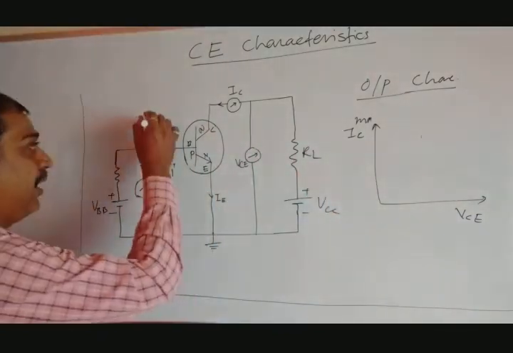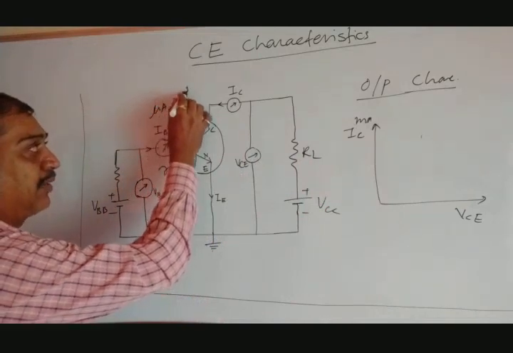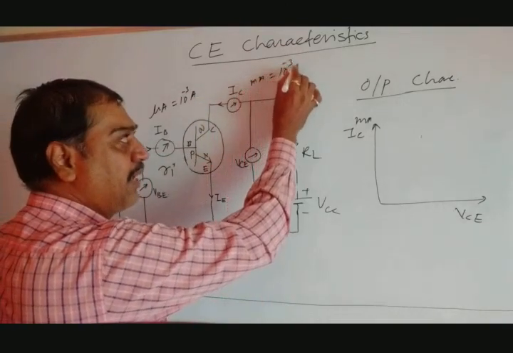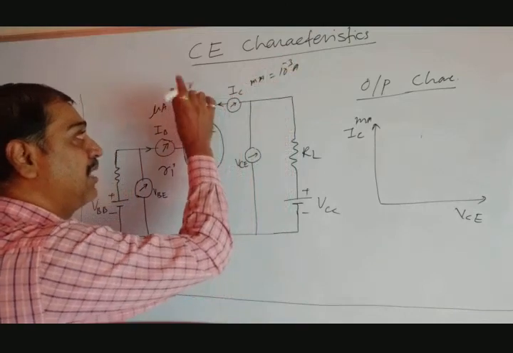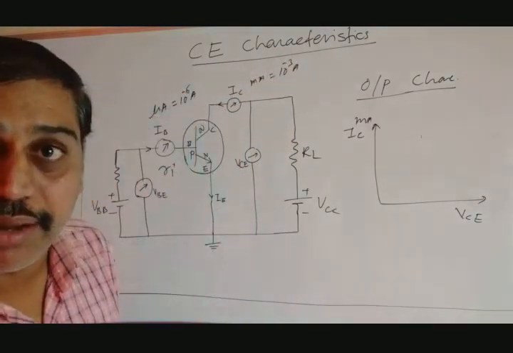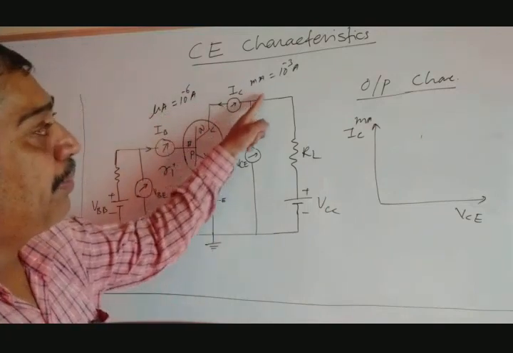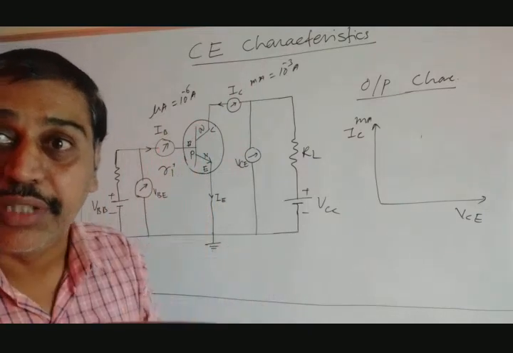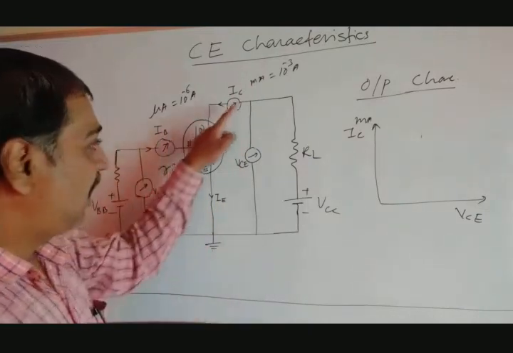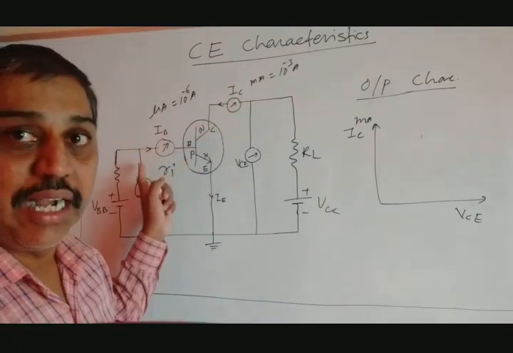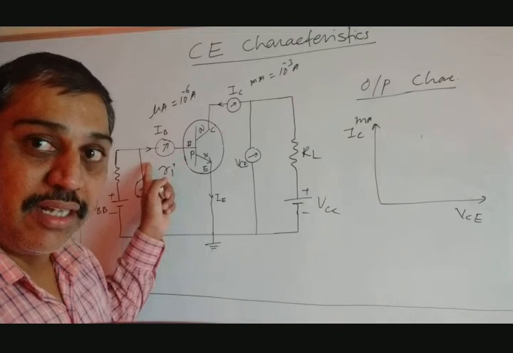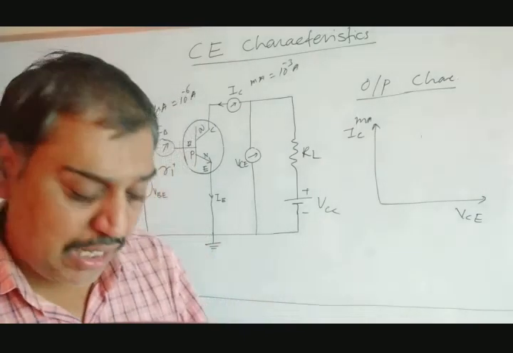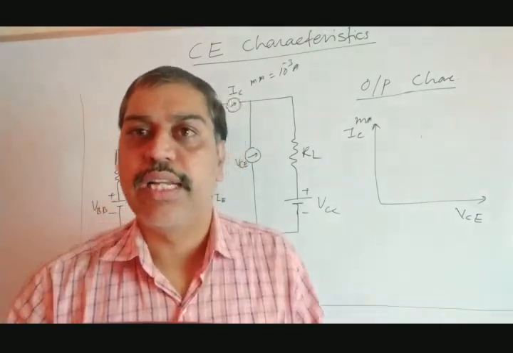Because IB we have taken in microampere, 10 raised to minus 6 ampere, and IC in milliampere, 10 raised to minus 3 ampere. In between there is a difference of 10 raised to 3, which means 1000. So this collector current is 1000 times greater than the input base current, and that's why IC is taken in milliampere, along with VCE. Now we have already learned the variation of output voltage with the output current.